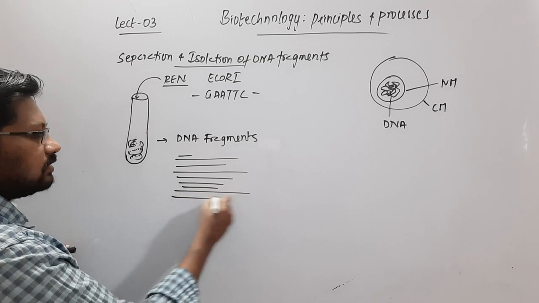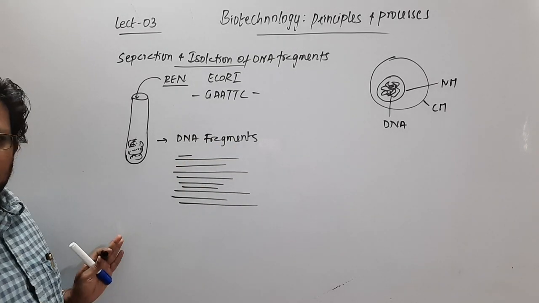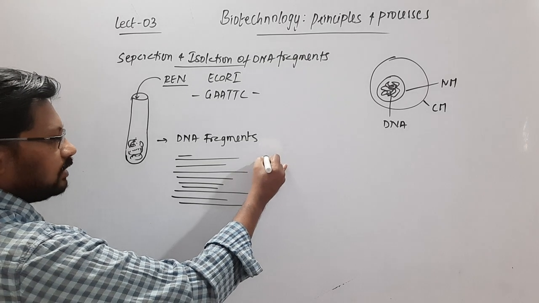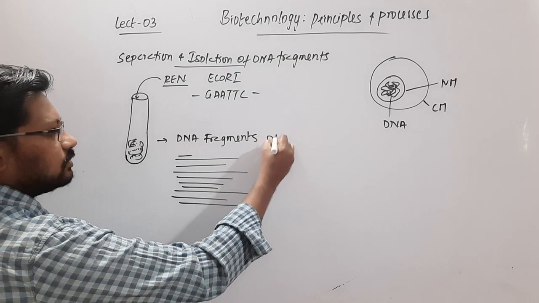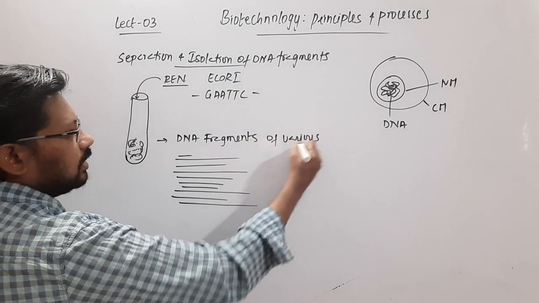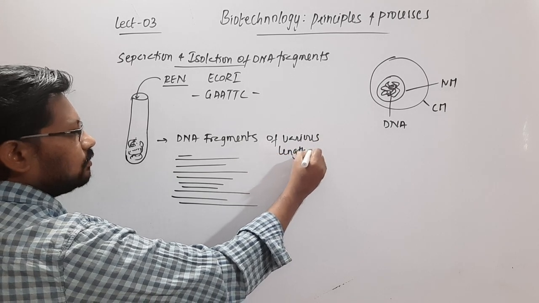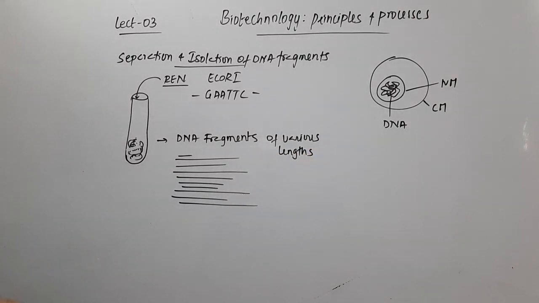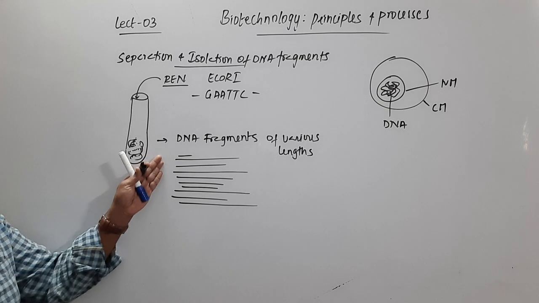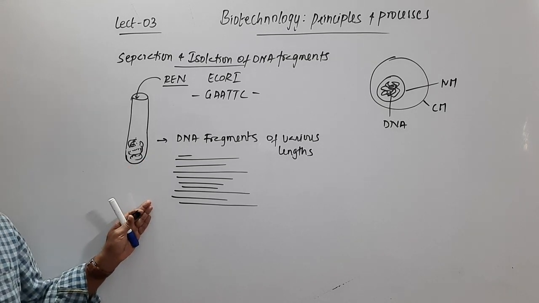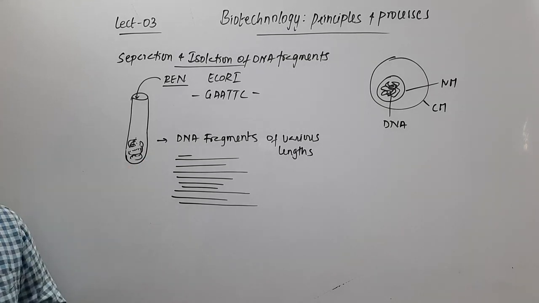So these are DNA fragments of various lengths that we will obtain. Once I use that restriction endonuclease, now I need to separate these DNA fragments according to their size, and I will do it by using gel electrophoresis.